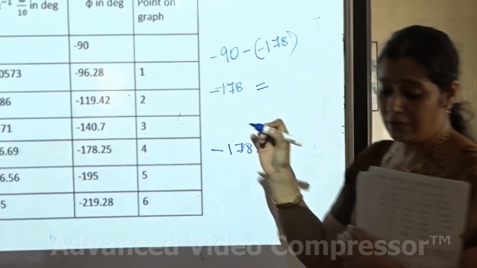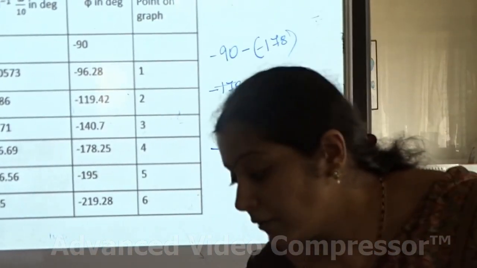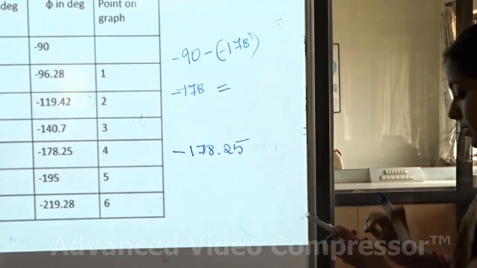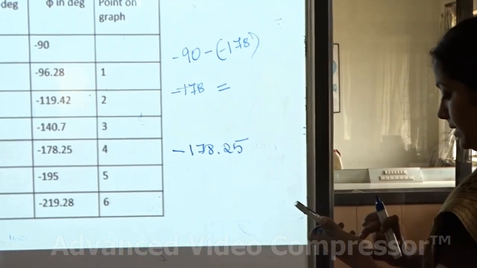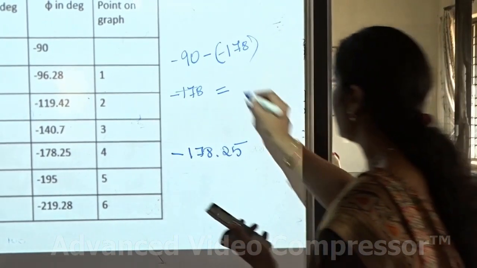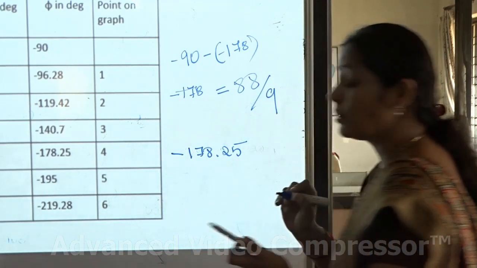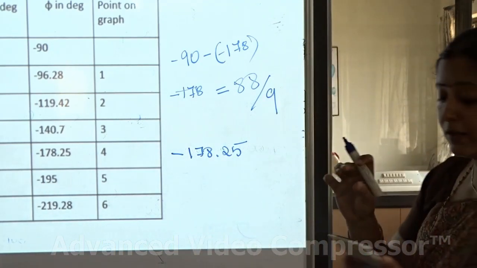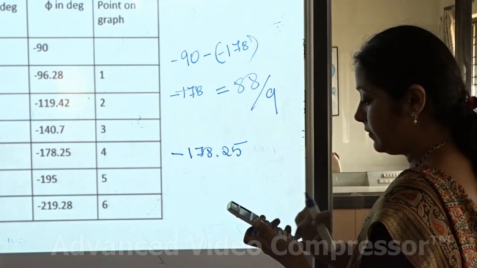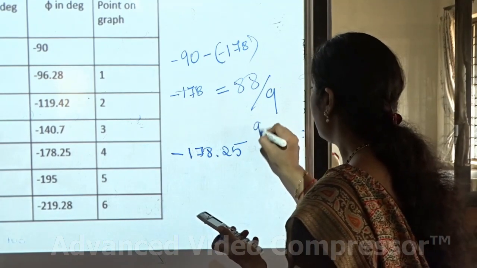So what is the difference you get? Just calculate this. It is 178 minus 90, which is 88. Divide this by 9, because each line is 9, so it is 9.7.